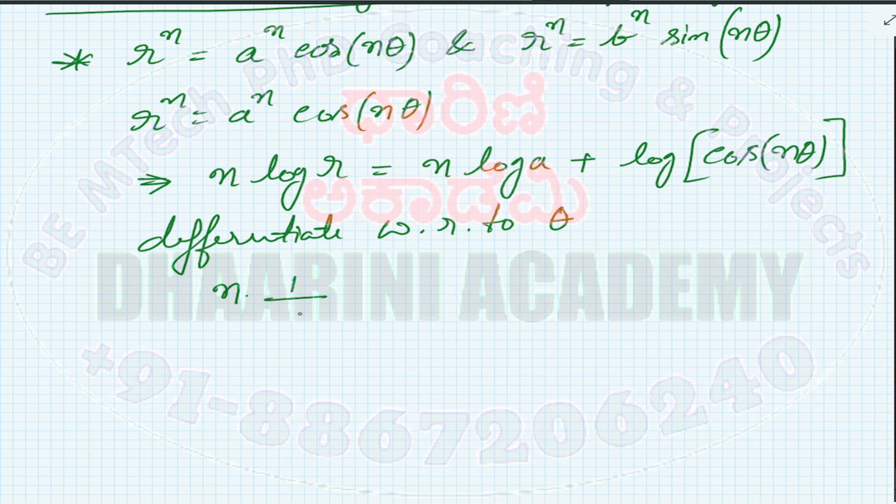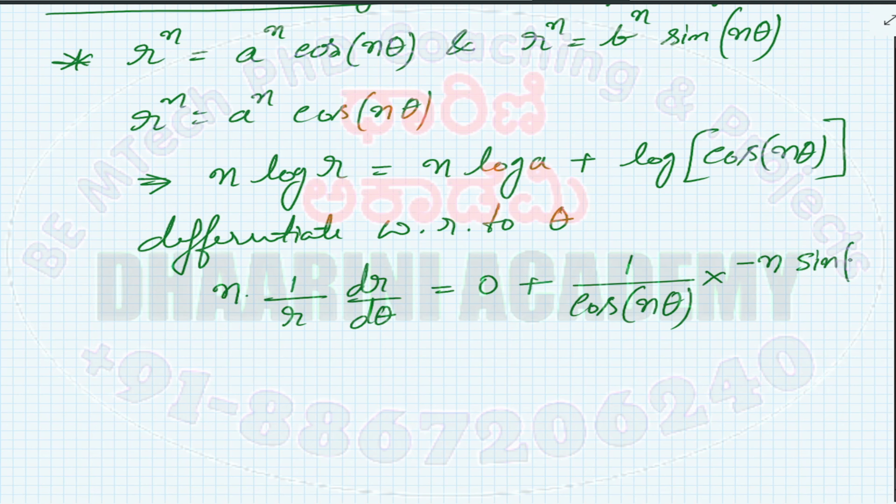Log r gives 1 by r into dr by d theta, which equals, log a is a constant, that's why it is 0, plus log of cos n theta gives 1 divided by cos of n theta into the derivative of cos n theta, which is minus n into sine of n theta.